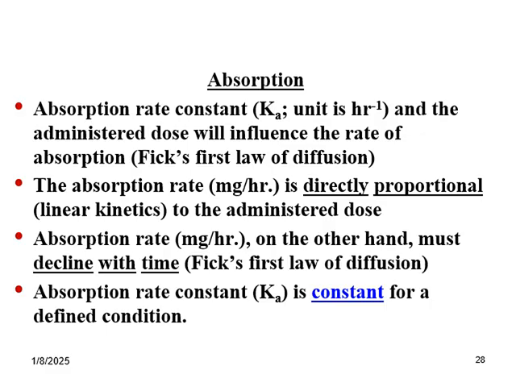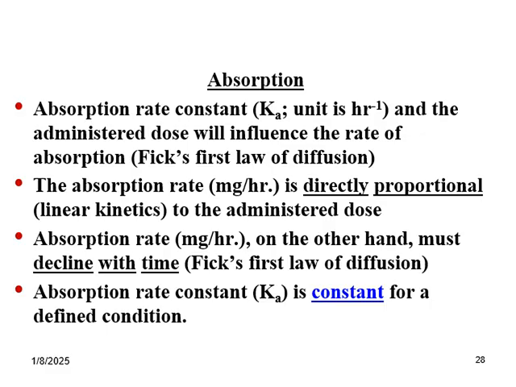And Ka, the absorption rate constant, is a constant for a defined condition. If the condition is exactly the same, a fixed condition, then Ka is a constant. But we cannot say, okay, change the drug, go to another patient. That is not. But for a defined condition, Ka is a constant.